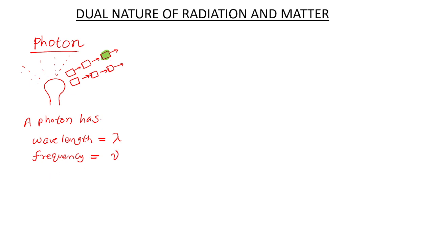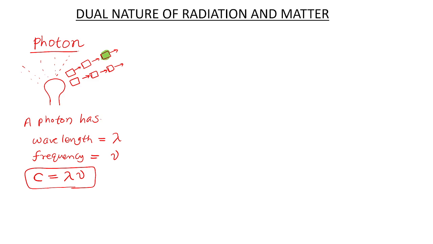And the speed of this photon is 3 into 10 raised to 8 meter per second, the speed of light. You have studied in the waves chapter that the speed of the wave, c here, equals lambda into mu. This formula is required because if lambda is given, we can find mu, and if mu is given, lambda can be found.